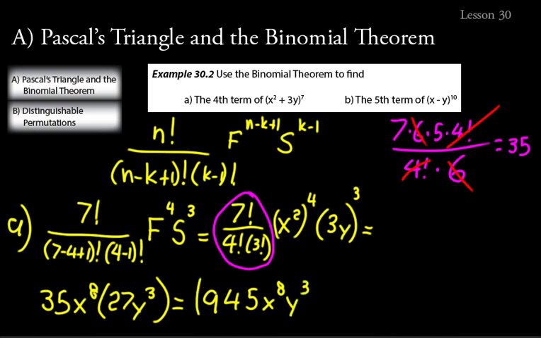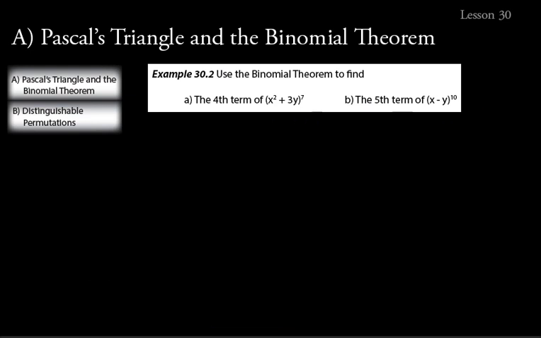So we've actually shown here in examples 30.1 and 30.2 two ways to get that 4th term, one using Pascal's triangle, one using the binomial theorem. Moving on to B, we want to find the 5th term of (x minus y) to the 10th. So find that 5th term relative to f and s, the first and second, just like we just did in A, and then substitute variables in.